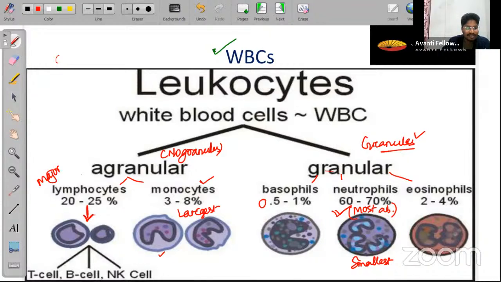These lymphocytes can be of three types: T lymphocyte, T cell and B cell mainly. NK cell is a type of T cell. So mainly T cell and B cell, that is T lymphocytes and B lymphocytes. We'll be talking about the T and B cell separately.